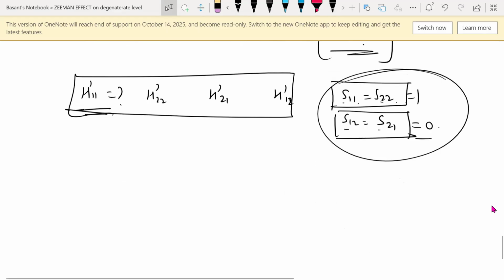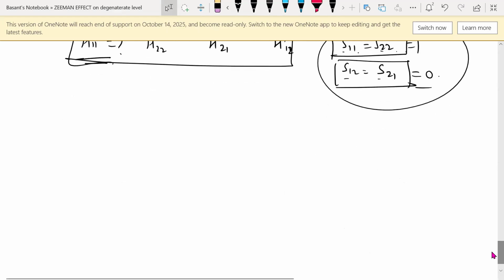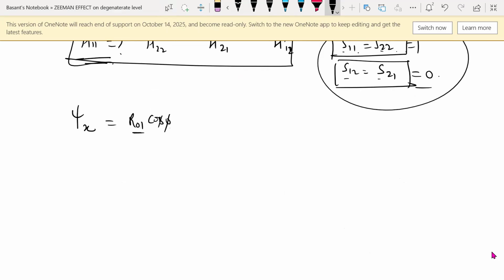Okay. For these integrals, first of all, we want to normalize the function. So psi x is equal to R01 and cos phi. And what is R01?